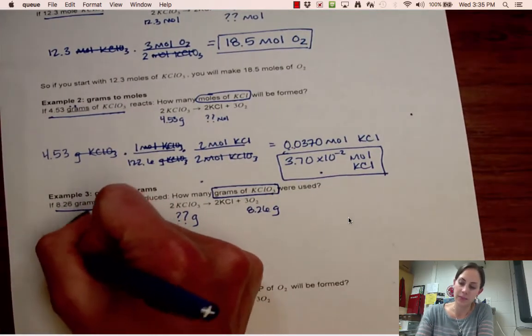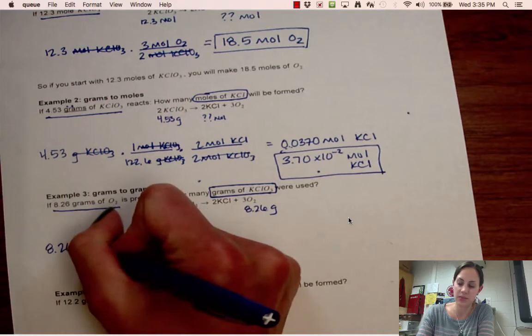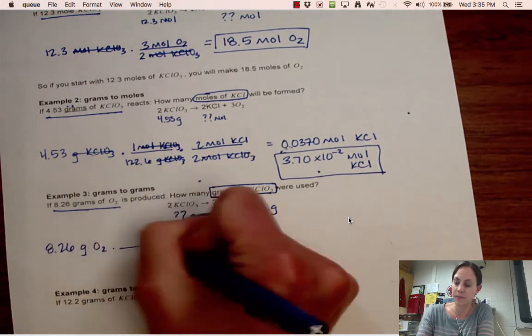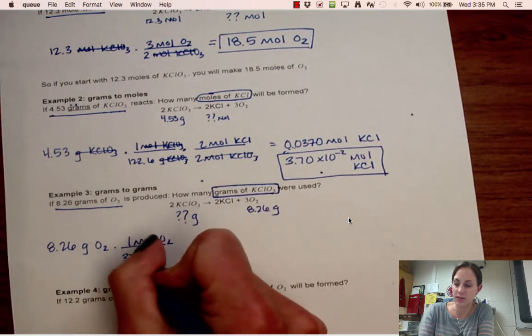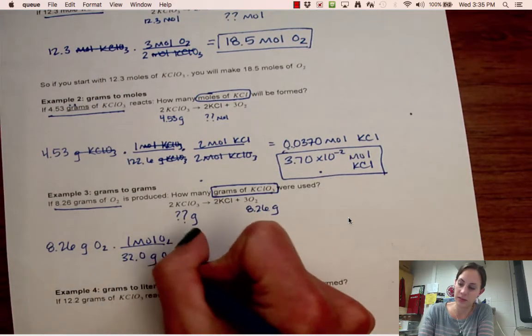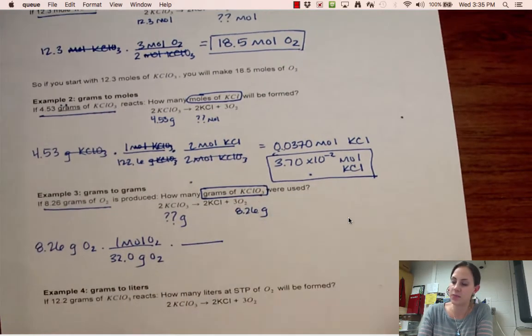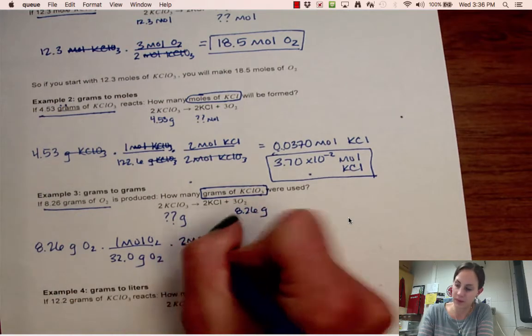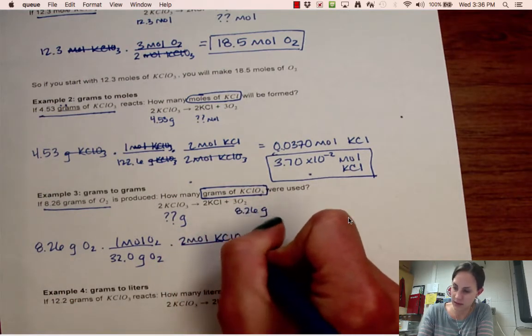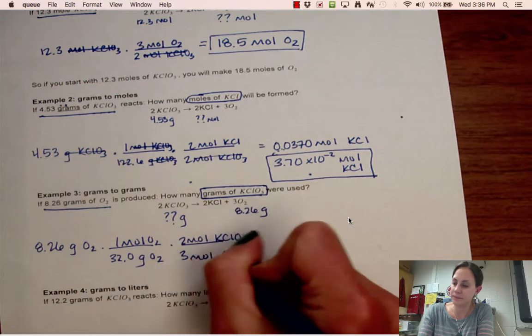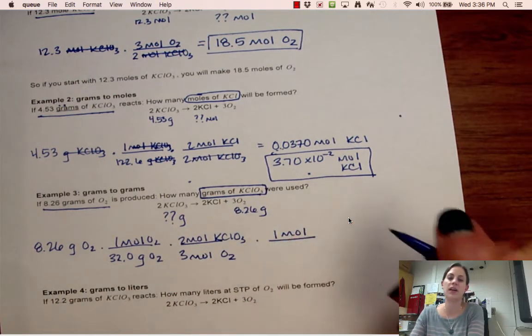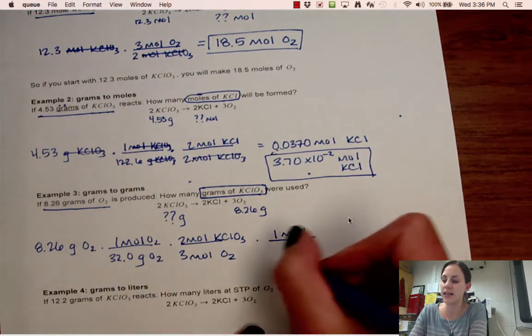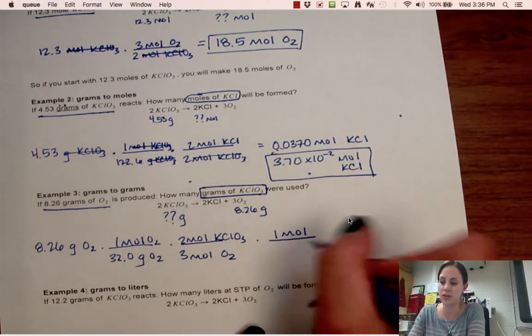I can set it up. 8.26 grams of O2. 1 mole of O2 is 32.0 grams. I can set up my mole ratio. And then I'm going to need one more conversion with this problem because I need to get back over to grams.